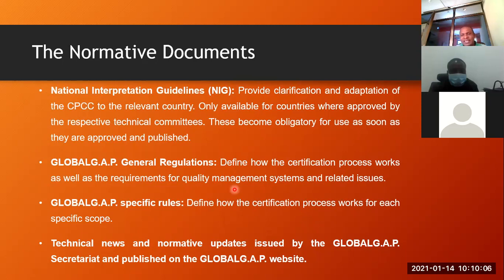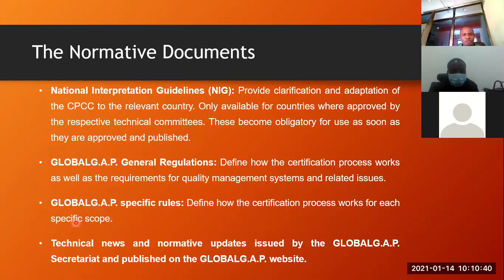The way the certification process must work, both between the certification body and the producer, and all aspects of the certification process have been defined in the general regulations. There are actually 2 general regulations: general regulations part 1 and general regulations part 2. Some of these parts have annexes. We will look at those when we get to the general regulations aspect of the training.